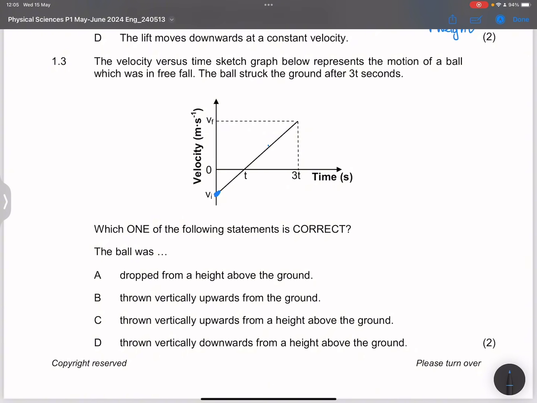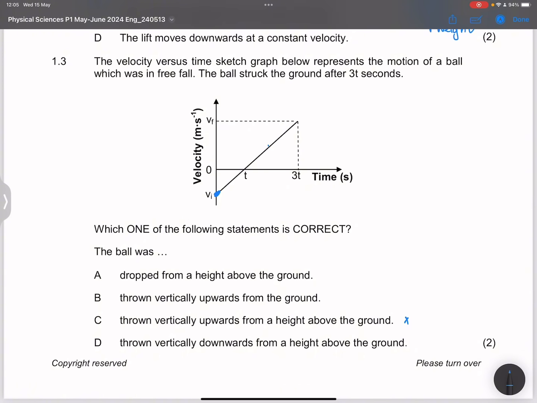And then they say thrown vertically upwards from a height above the ground. I think I can go with C, but let's look at what D has. They say thrown vertically downwards from a height above the ground.